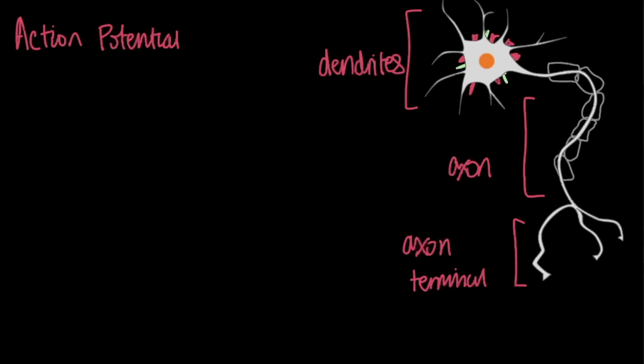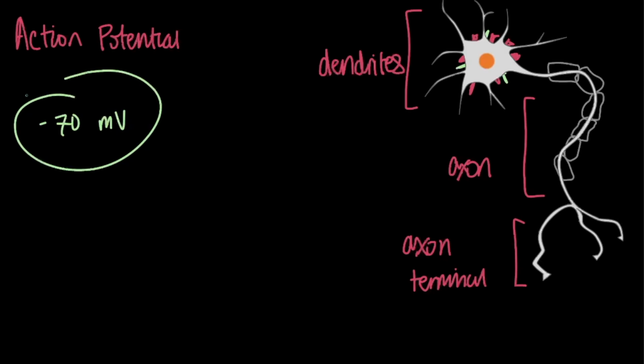And it's found that the charge of that cell at rest is negative 70 millivolts. So the signal here, this is the fun part, is any change in this resting state membrane potential. So it's these changes in the membrane potential that create an action potential.